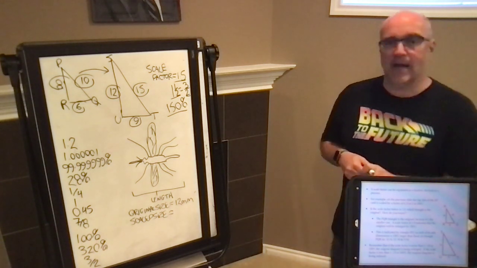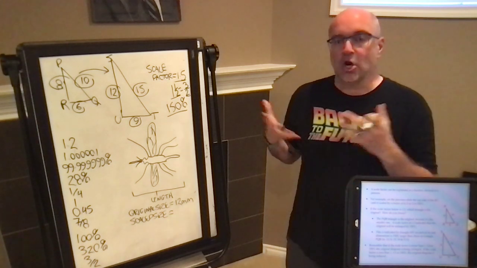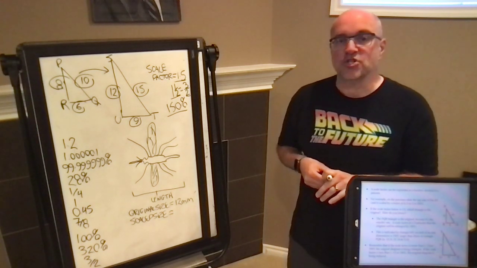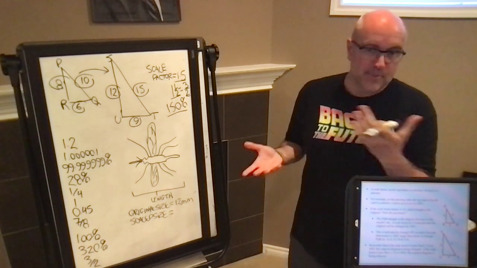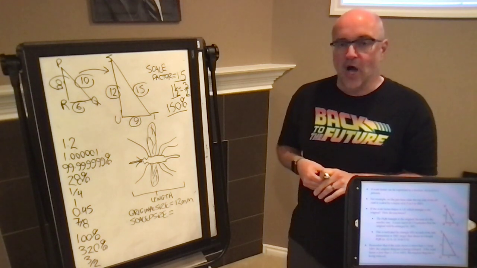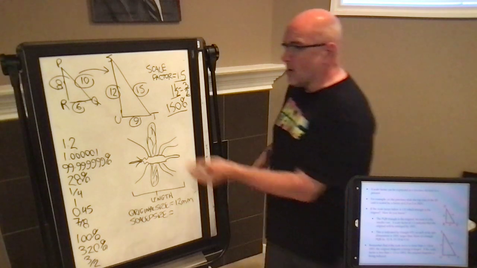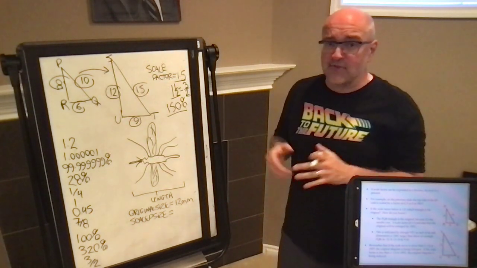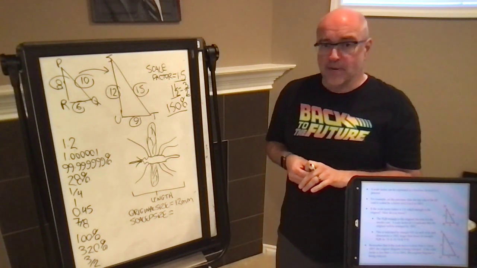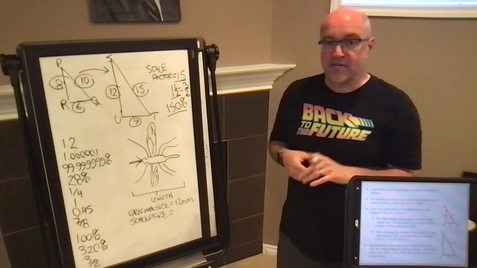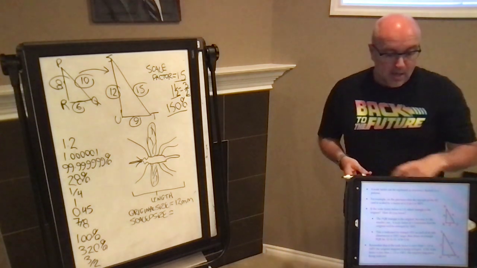It's not a perfect enlargement of the original. There is an issue with the scale on at least one or potentially two sides of the object if the scale factor isn't consistent all the way through on all the sides. All the sides have to have the same scale factor enlargement in order for that to be considered a perfect enlargement of the original.